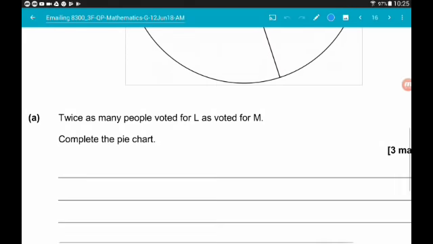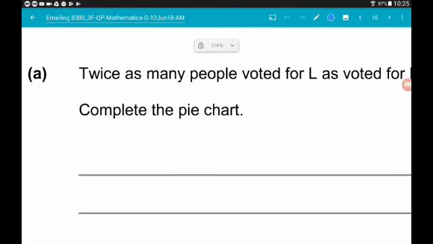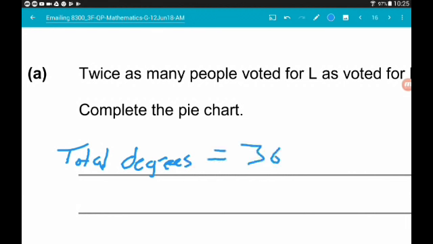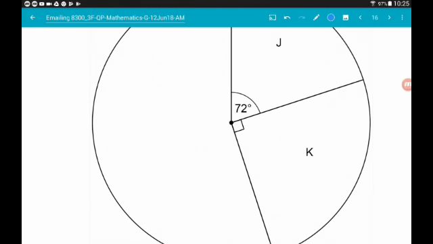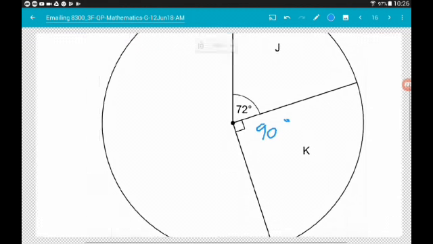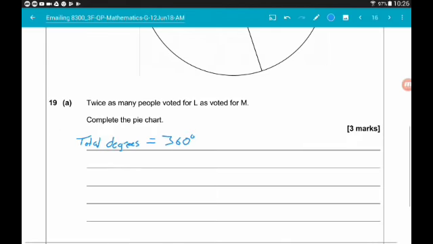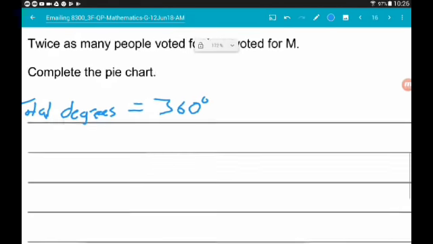So, first thing we need to know is total degrees in the circle is 360 degrees. At the moment, our 2 sections take up 90 degrees and 72 degrees. So we need to find the size of what's left.